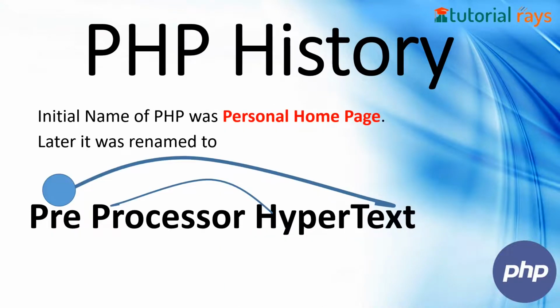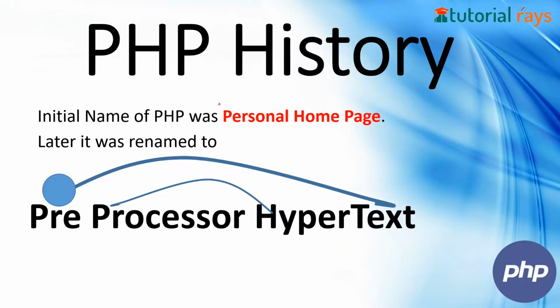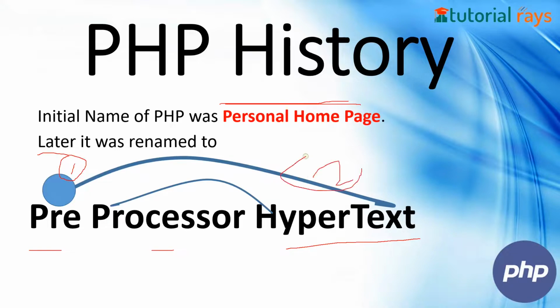Now, the initial name of PHP was Personal Home Page. Its beginning name, its initial name, was Personal Home Page, but later it was changed to PHP. That means this is one part, this is the second part, and this is the third part, recursive, like this.